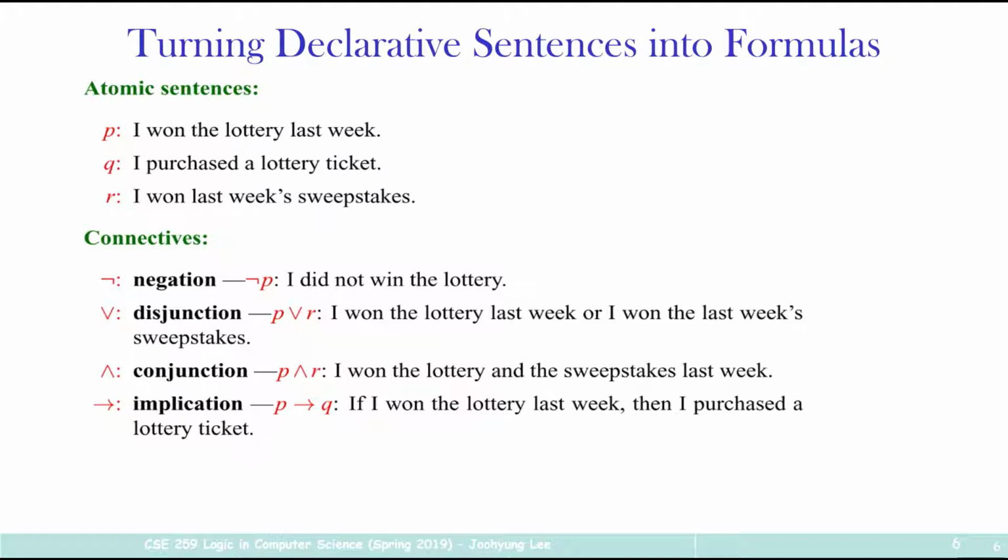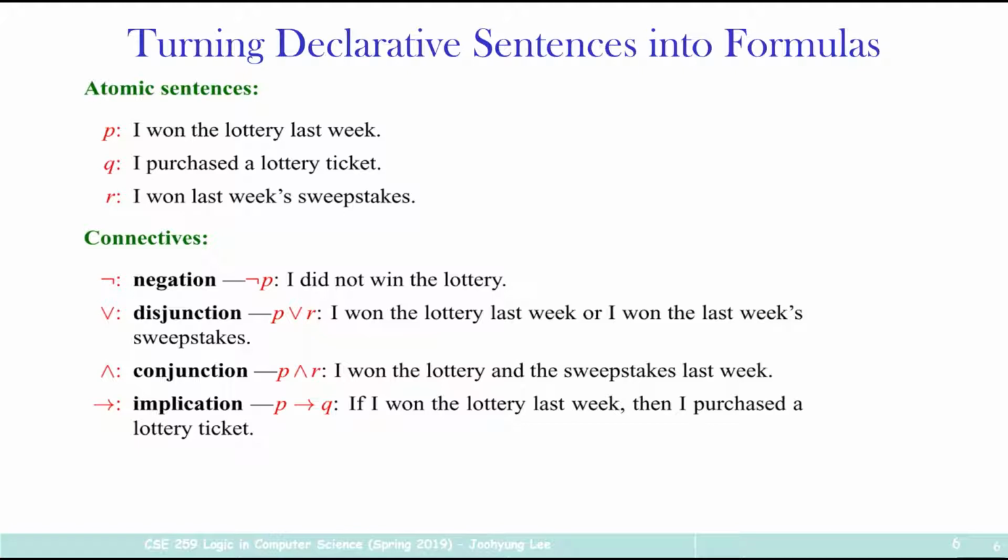Easy to see. Disjunction: if you say P or R, it means I won the lottery last week or I won last week's sweepstakes. "Or" is also a common word that we use in English. Conjunction, "and": so we say P and R, meaning I won the lottery and the sweepstakes last week.